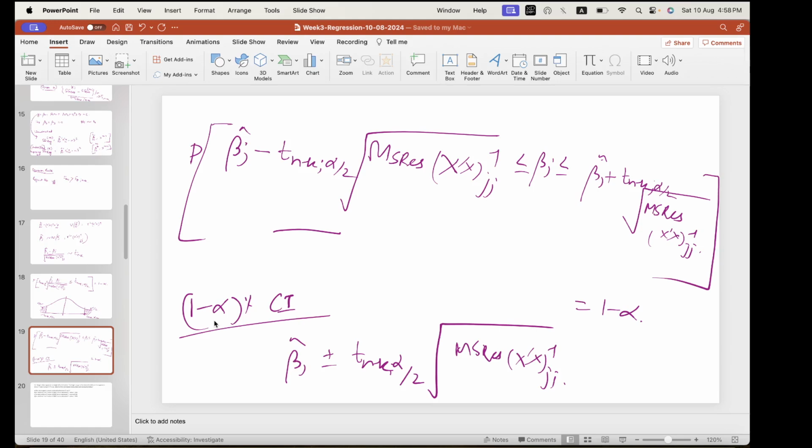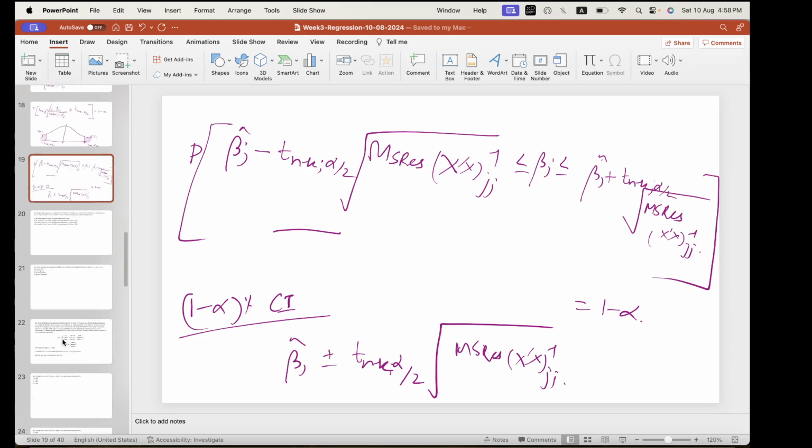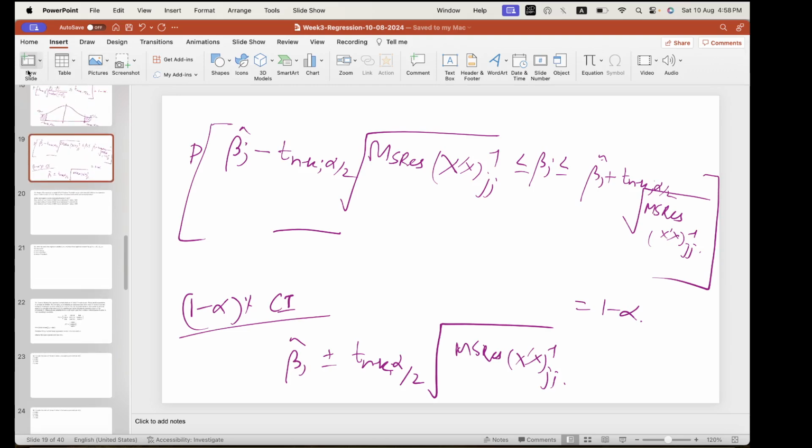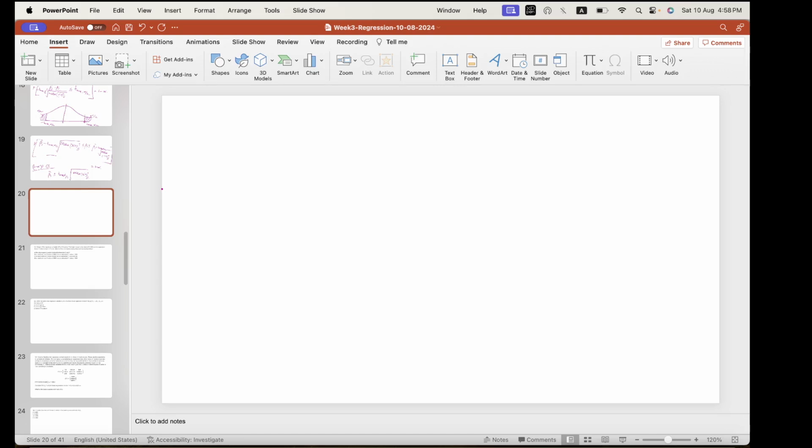So the first thing that they've given is, this is the confidence interval on mean response at a particular point.